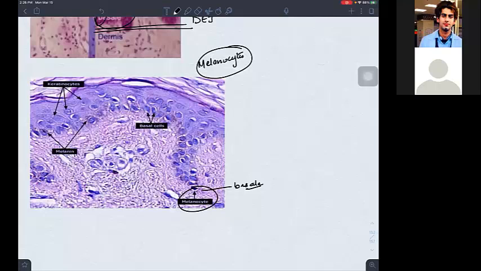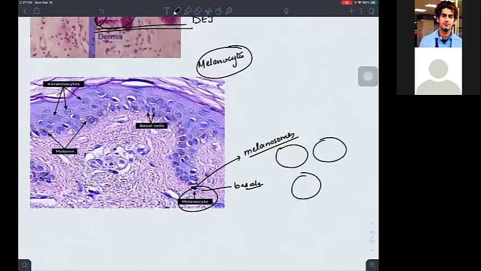What these melanocytes produce are melanosomes. What are melanosomes? What do they contain inside? They contain melanin. Your skin pigment, your eye pigment, isn't it?